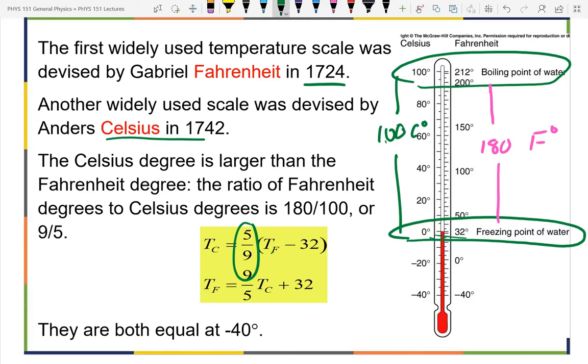Well, I will first divide both of these by 10 to get rid of those zeros. 10 over 18, divide everything by 2, is equal to 5 over 9, and that's where that number comes from. So that's how you get the conversion factor. And of course, you can just invert that. Temperature Fahrenheit is going to be 9/5 temperature Celsius plus that offset of 32 degrees.